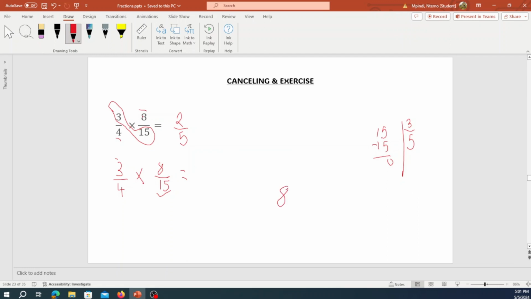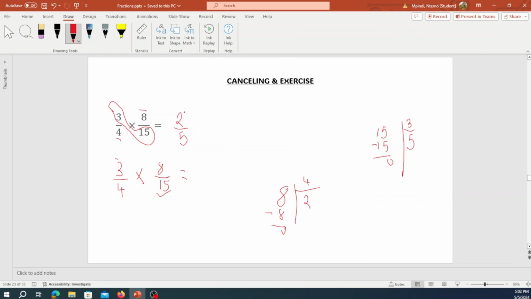This 8 divided by 4. 2 times 4 equals what? 8. We're gonna write 2 here. 2 times 4 equals 8. 8 minus 8 equals 0. So this 2 is right here.